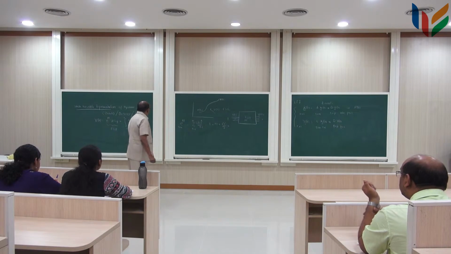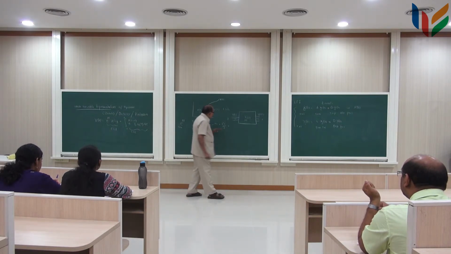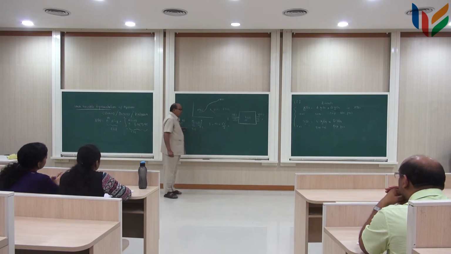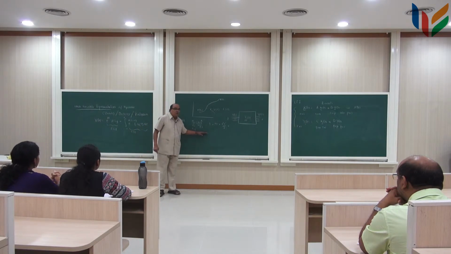That also we have done in 101, and we said, go back and look at your notes, that e to the power of at is the critical part of the whole analysis, because everything depends upon the knowledge of e to the power of at. And how do I find e to the power of at given A?